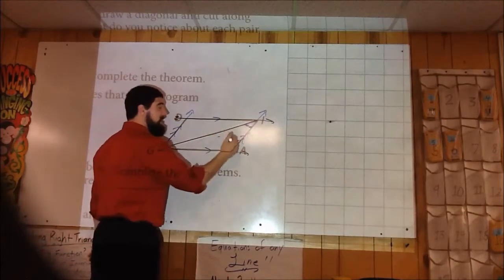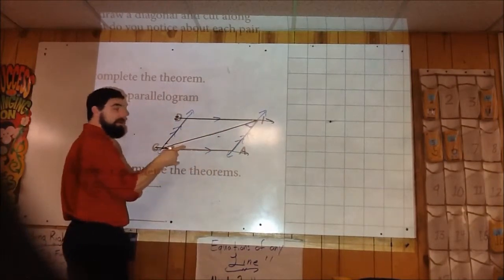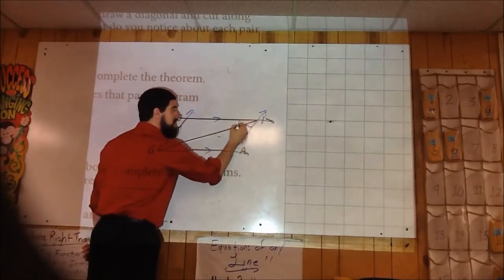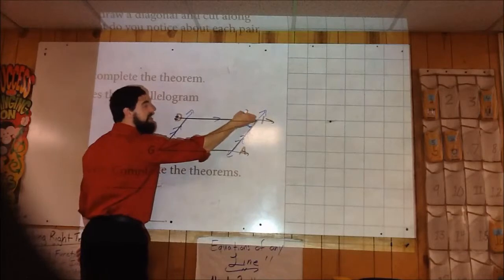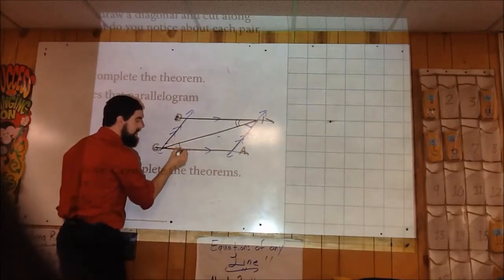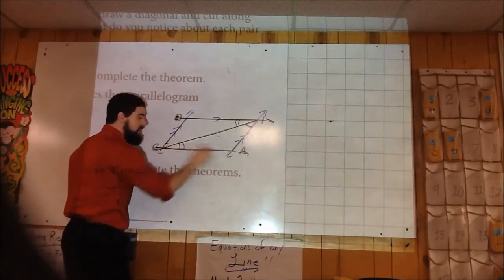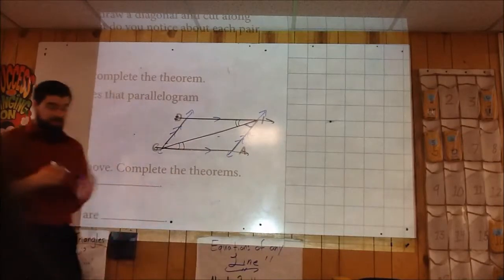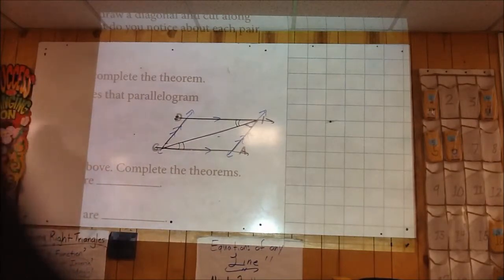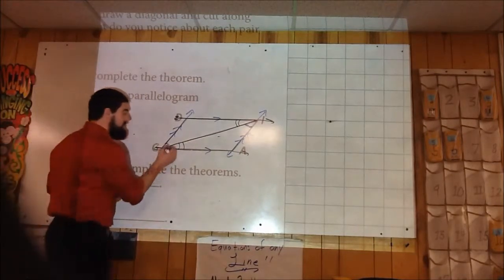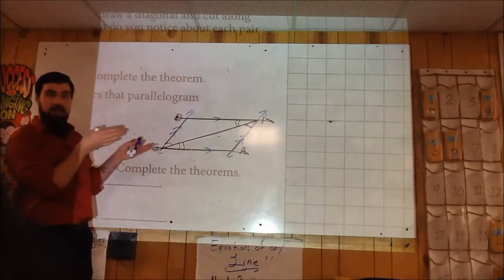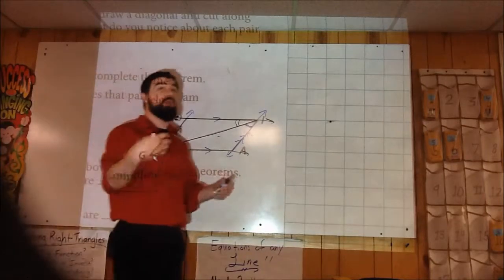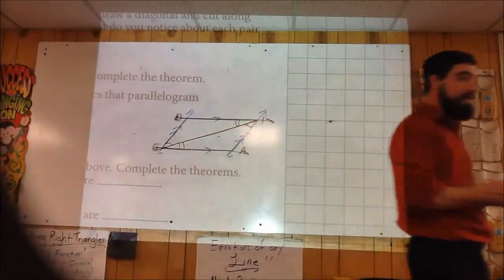And you need to look at the angles that are being formed by the 2 parallel lines and the 1 transversal. So that's why these are. This angle is being formed by that line and then this transversal. And then this angle here is being formed by that line and that transversal. So it's a different set of alternate interior angles. Again, just as I stated before, you're going to have to know which set of parallel lines creates the congruent angles.